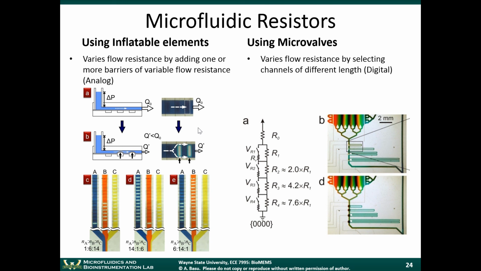Longer length channels had larger resistances, shorter length channels had smaller resistances. This example on the right here shows how you can change the resistance of a channel by activating or deactivating valves.